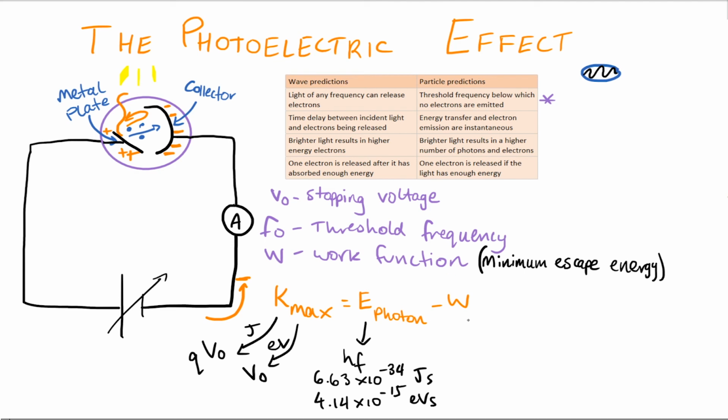Finally, we have W, the work function, which is just hf0, or Planck's constant times the threshold frequency. So we can write one additional formula. If we take out h as a common factor, we can write that the kinetic energy is also h times the photon frequency minus the threshold frequency.